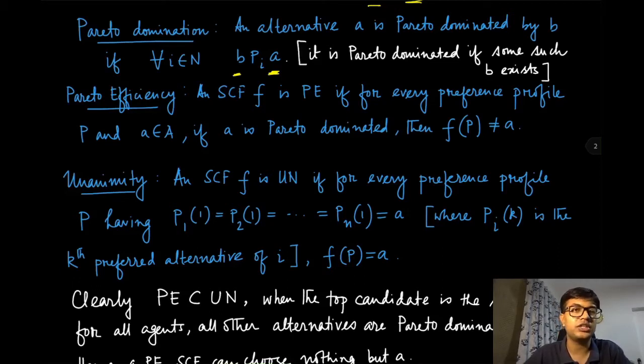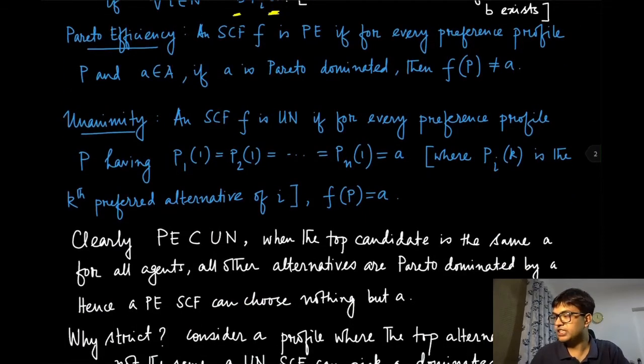Why should the society choose an alternative which has a better alternative than that one by all the agents? So, Pareto efficiency is the first property that we will be looking at, and unanimity, the name itself says what it is. We are going to call a social choice function unanimous if you have a preference profile where the top alternative of all the agents is the same.